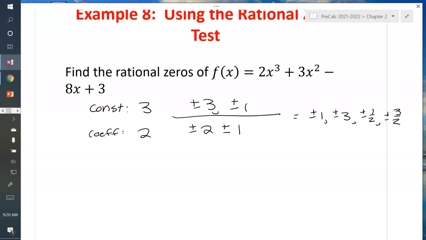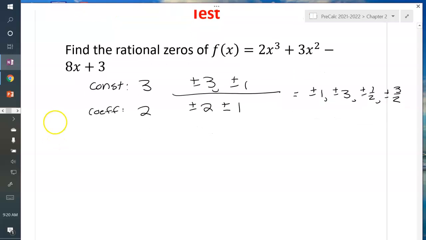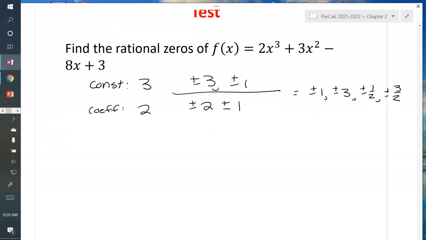All right, so what we need to do is just start plugging in. I'm going to start with 1. I'm just going to plug in 1, and I'm going to do that with synthetic division. So here we go. Plugging in a 1, so I don't change my sign because I'm evaluating. And I have 2, 3, sorry, that's a negative 8, and that's a positive 3. Bring down the 2.